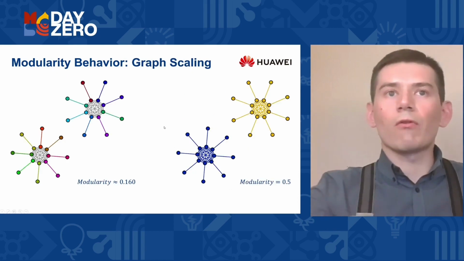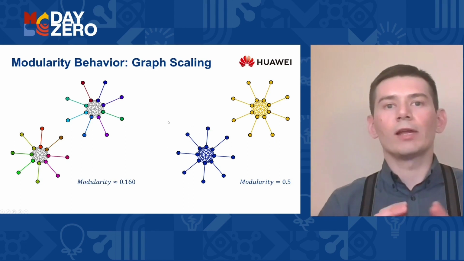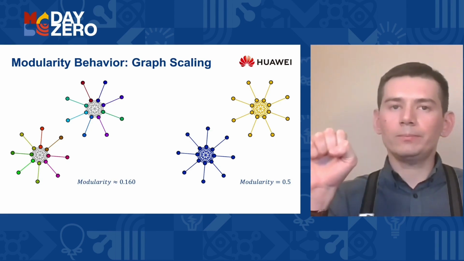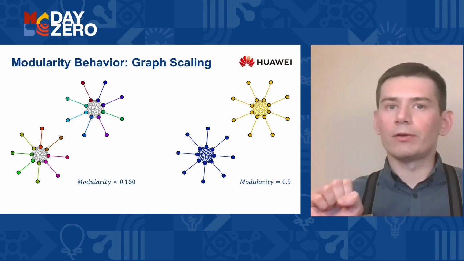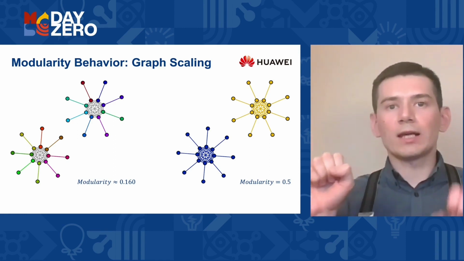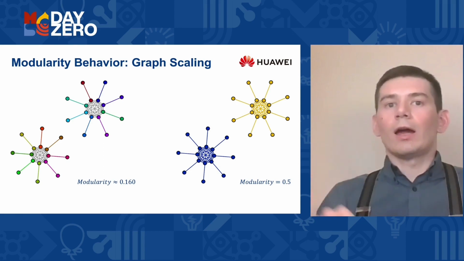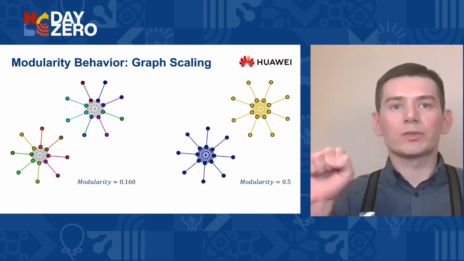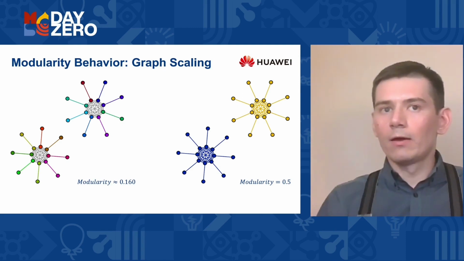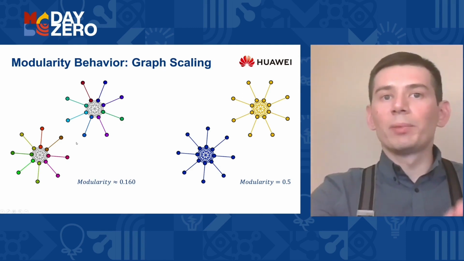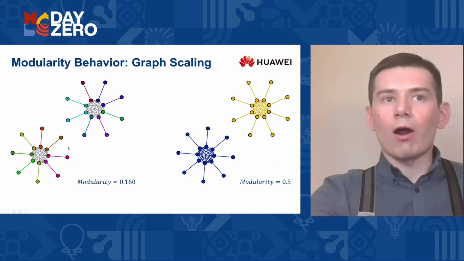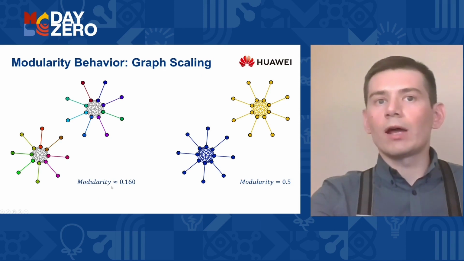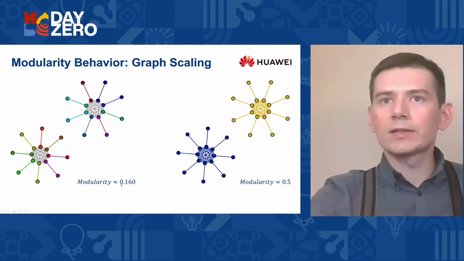Another interesting feature of modularity optimization is related to scaling. When we optimize modularity for a small graph, and then enlarge it and optimize modularity for a larger graph, the partitioning for the small graph may change totally. For example, if we simply double our graph with leaves on the left, we will have a modularity value of 0.16.